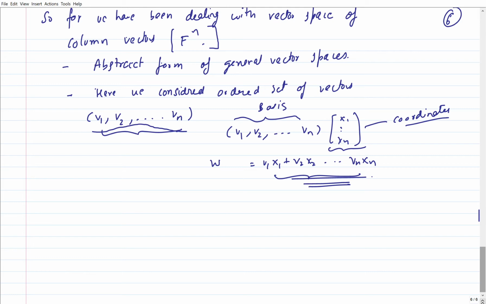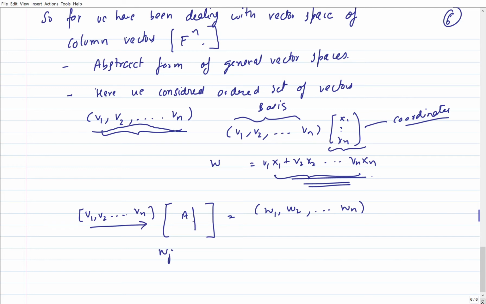I can also write down this basis, and I have some matrix over here that gives me a new set of vectors, where each wj is obtained from multiplication of these elements and the jth column out here.